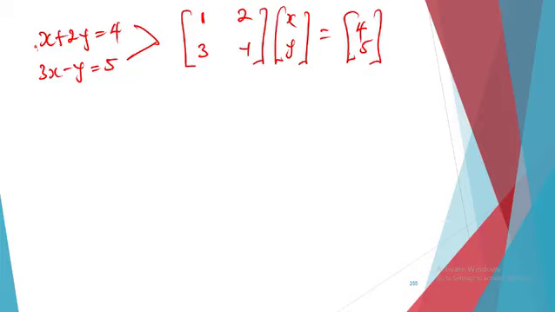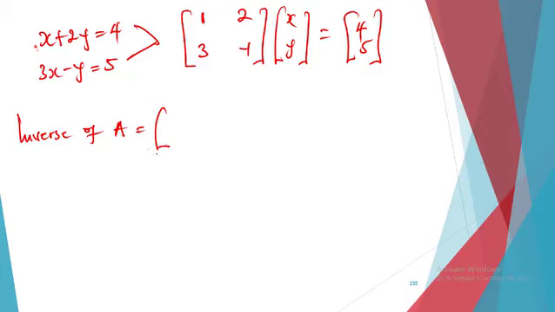After we have formed this, we then need to find the inverse of the new matrix. Let's call it matrix A. The inverse of A. I won't be solving that in full because I know we've really dealt with that.